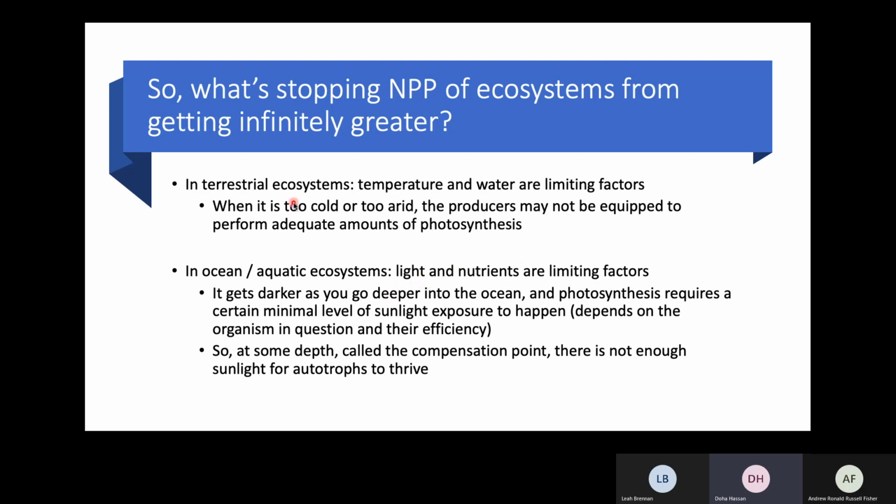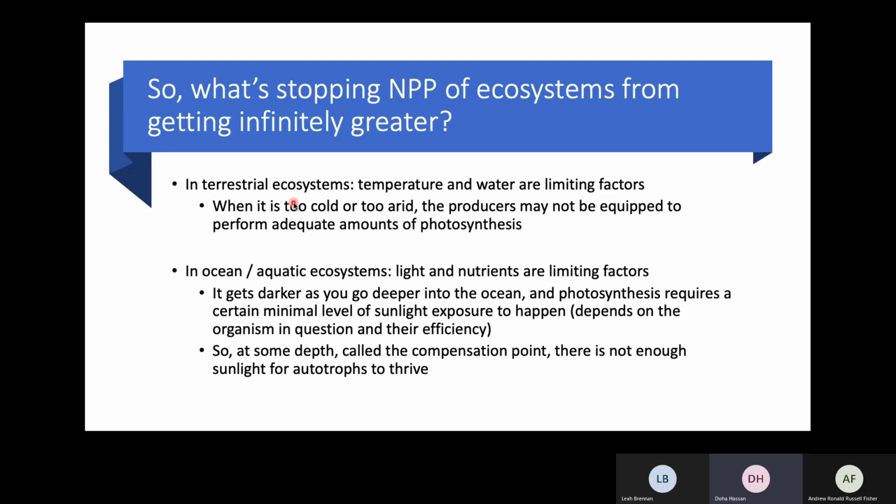So let's talk about terrestrial ecosystems. When it gets too cold or too dry, which is also known as being arid, the primary producers might not be able to perform the adequate amount of photosynthesis because, again, photosynthesis uses a lot of enzymes, right? Enzymes are types of proteins for the most part, and proteins are super, super sensitive to environmental changes.